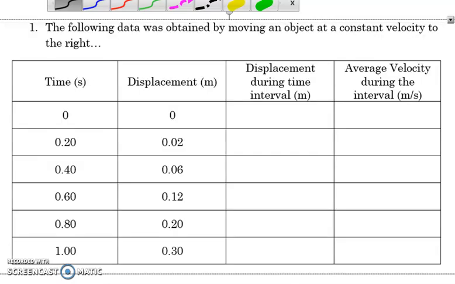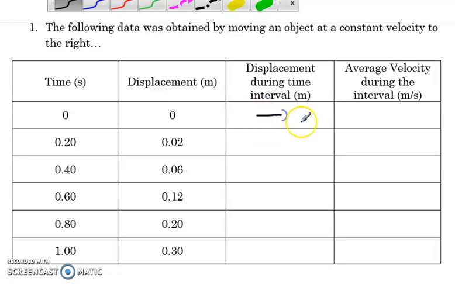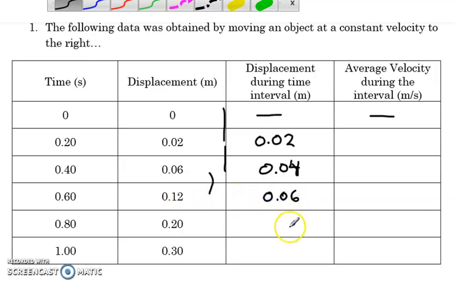Let's take a quick peek at an example. This is a graphing example where we've been given the time and displacement, and we need to figure out the displacement at each interval. Over this interval we have a displacement of 0.02. This interval is 0.04, which we get from taking 0.06 and 0.02. This next interval, from 0.06 to 0.12, is 0.06.